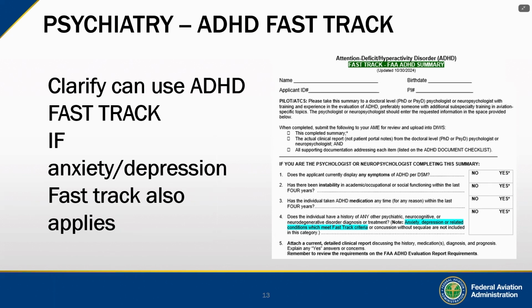So anxiety, depression, or related conditions does not make someone ineligible for fast track for ADHD. We had already updated this on many of the other documents, so this is not a change. We've been doing this for 2 or 3 months. We just had to get it on all of the documents.